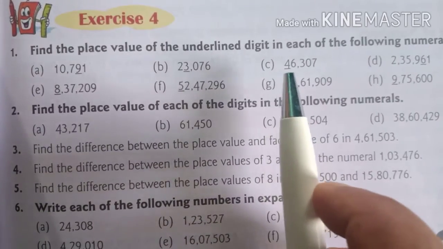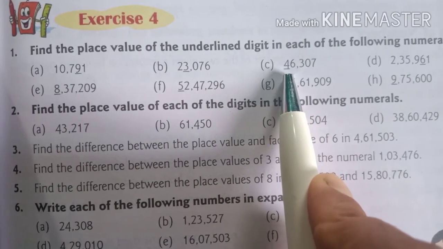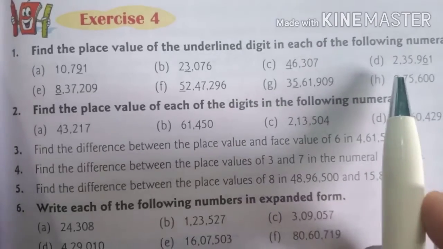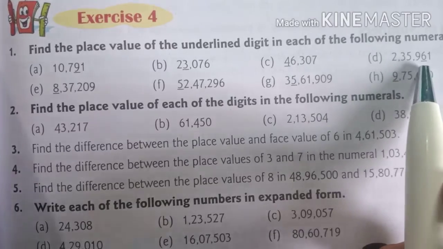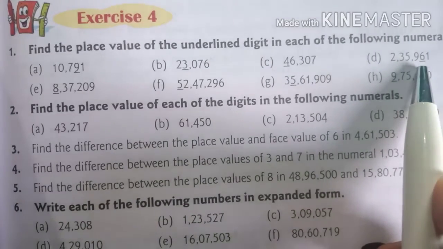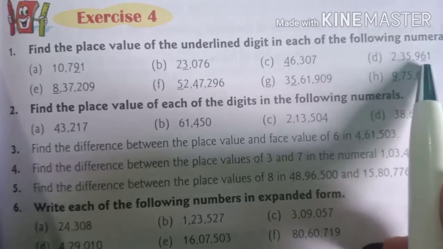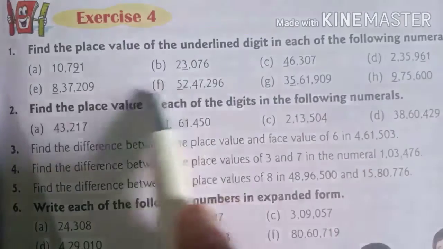Likewise, in C, 4 is at the 10,000 place. So 4 is multiplied by 10,000 in this question. In D, 6 is situated at the tens place. So its place value will be 6 multiplied by 10, which is equal to 60.